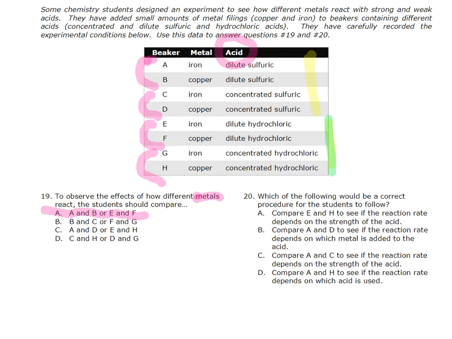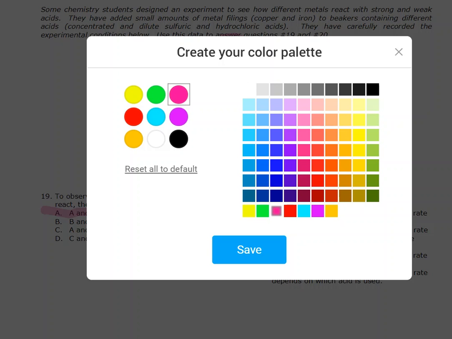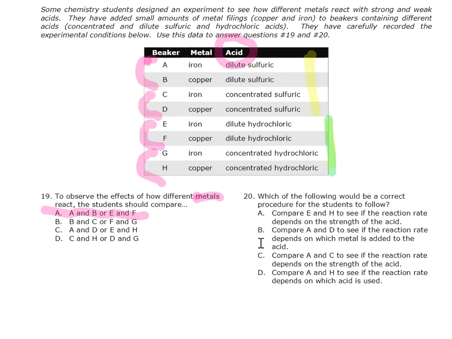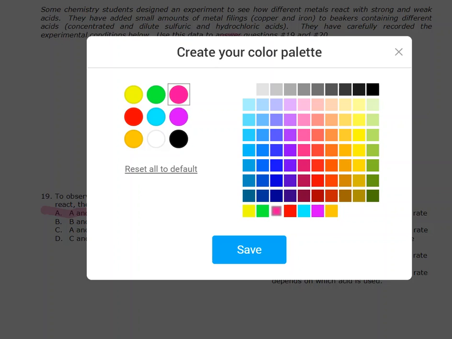Now 20, which of the following would be the correct procedure for the students to follow to compare E and H to see if reaction rate depends on the strength of an acid? No, we can't compare E and H, and let me show you why.